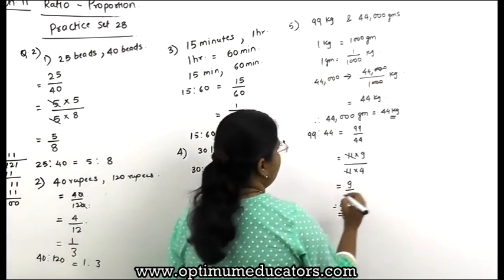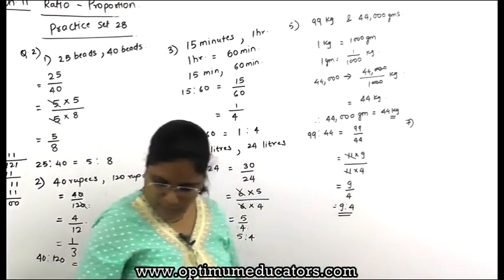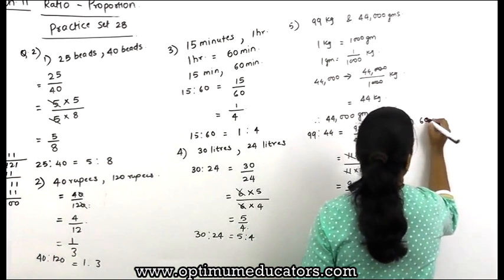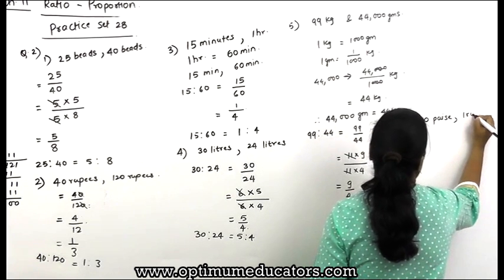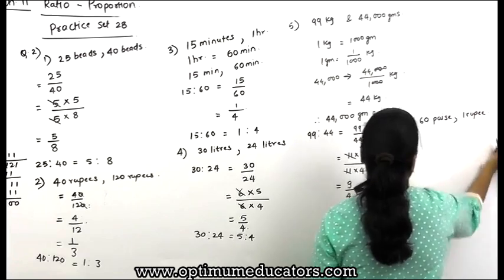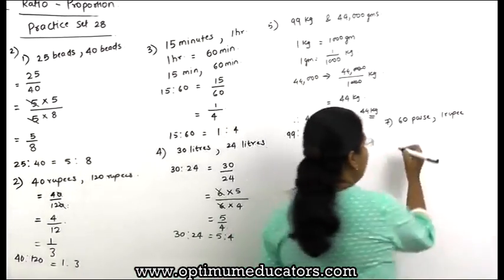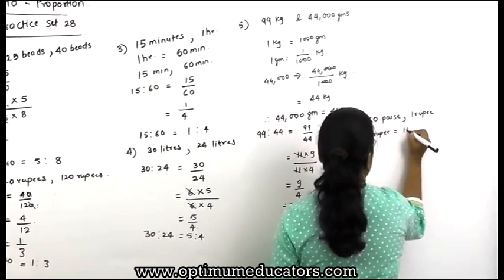Next is 60 paise and 1 rupee. Now tell me the conversion. 1 rupee is how many paise? 1 rupee is 100 paise.